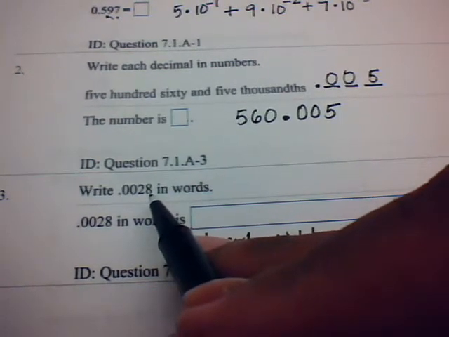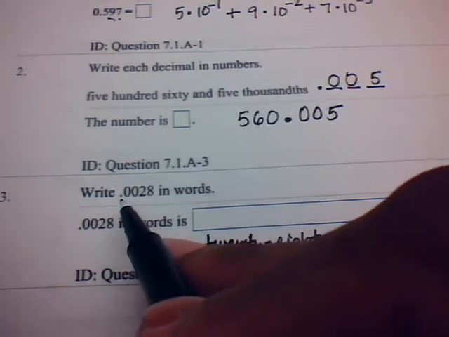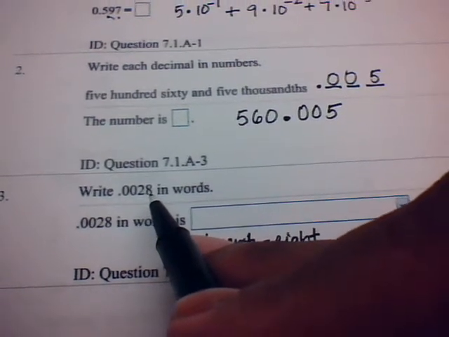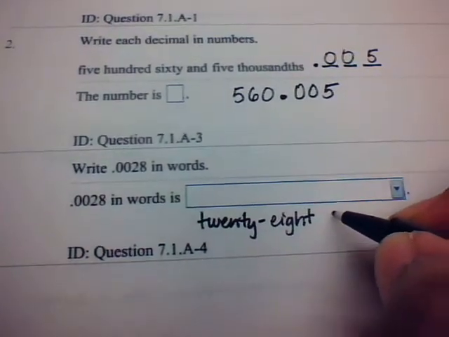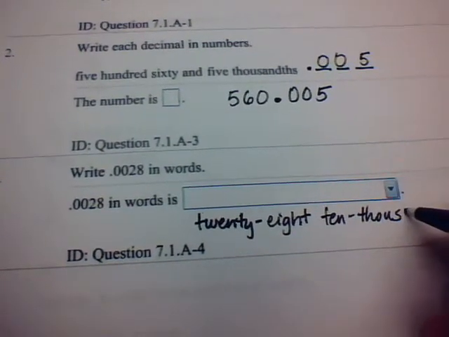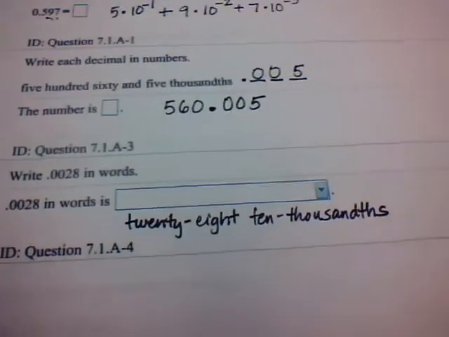Here the 8 is the last digit. It is in the ten thousandths place. Here we got the decimal point, that's your tenths, hundredths, thousandths, ten thousandths. So here we're going to give 28 the name ten thousandths. And make sure you put TH-S there.